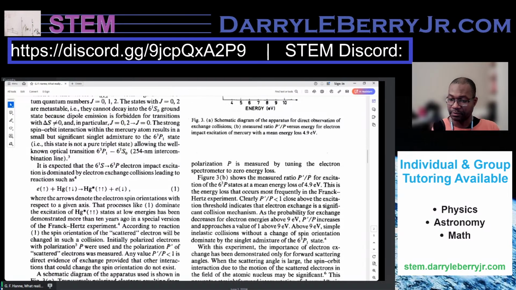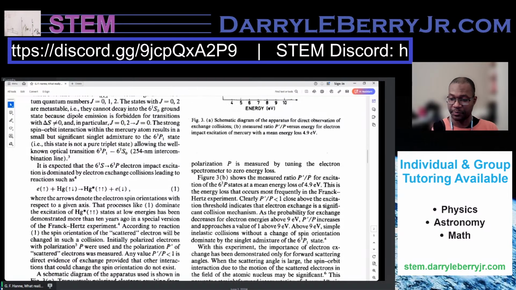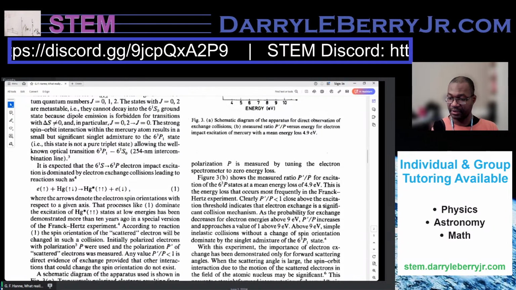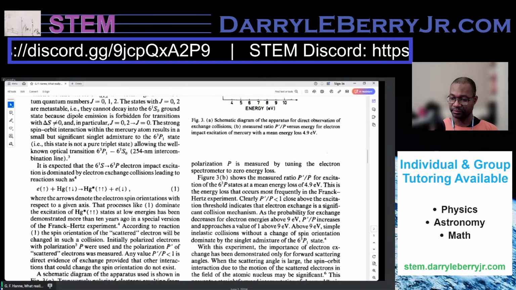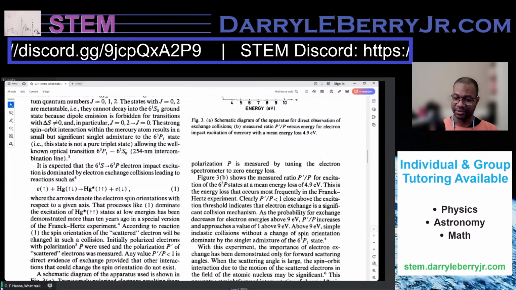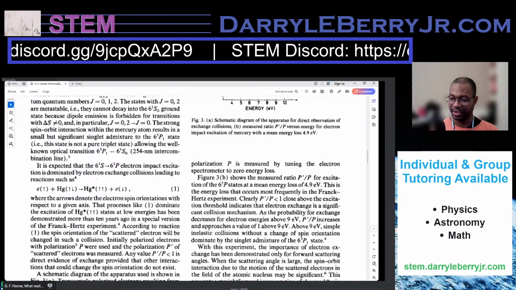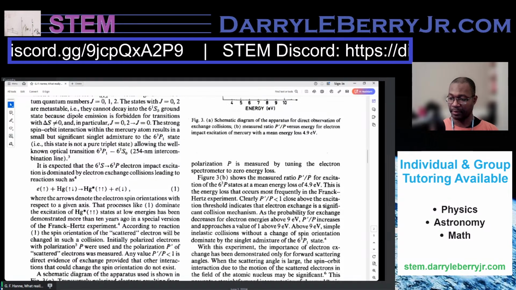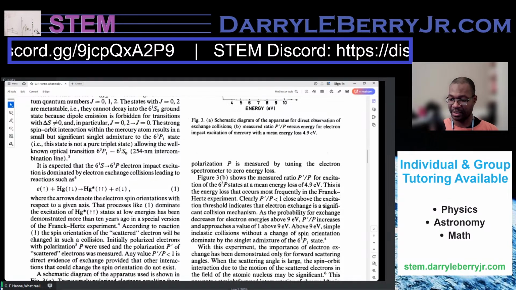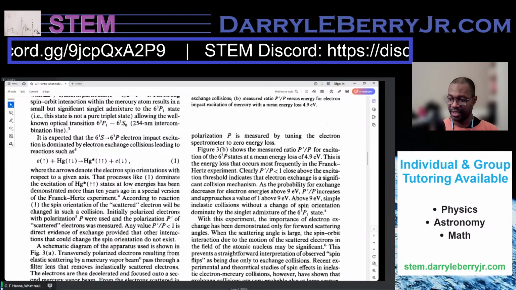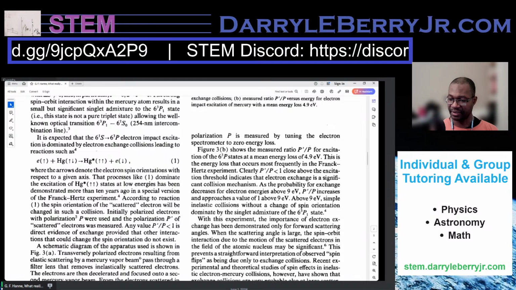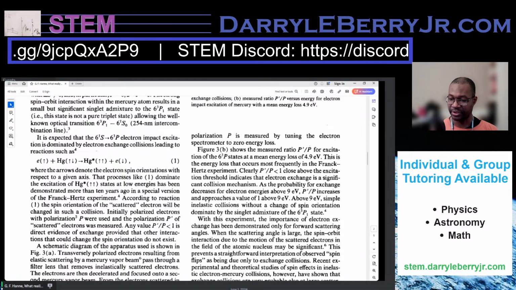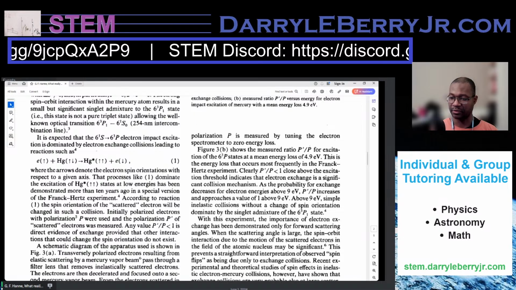According to reaction 1, the spin orientation of the scattered electron will be changed in such a collision. Initially polarized electrons with polarization P were used, and the polarization P prime of scattered electrons was measured. Any value P prime over P less than 1 is direct evidence of exchange, provided that other interactions that could change the spin orientation do not exist.